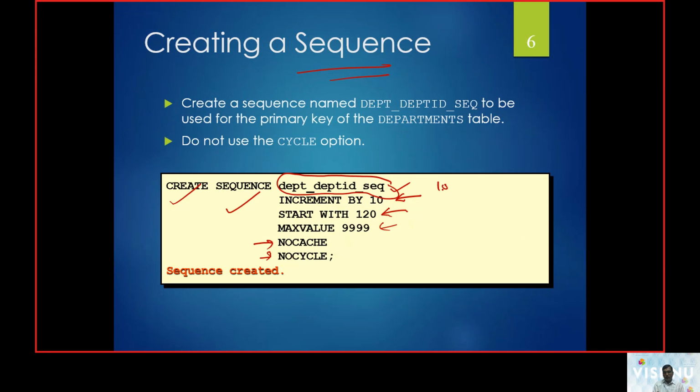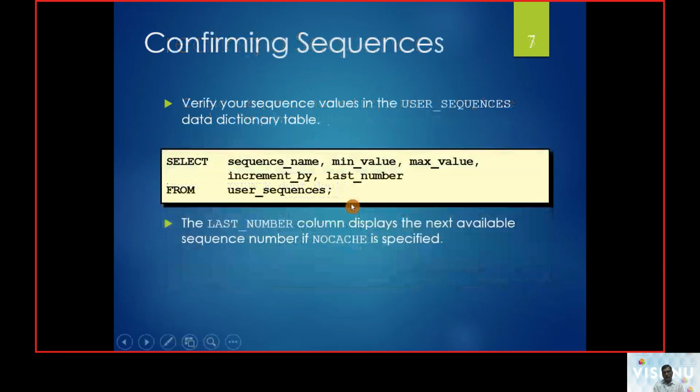For example, we have 10, 20, 30, 50 and 80 already in the department table. So now we freshly start at 120, and it goes 130, next 140. In this way, it is moving up the sequence values.